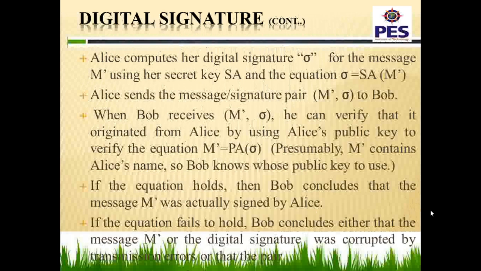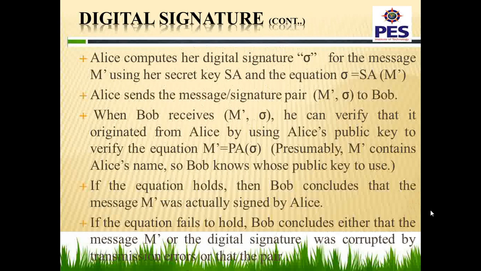This is the explanation of the previous figure. SA stands for the secret key of Alice. Using that function and taking input M dash, I send the message to Bob, along with the digital signature.